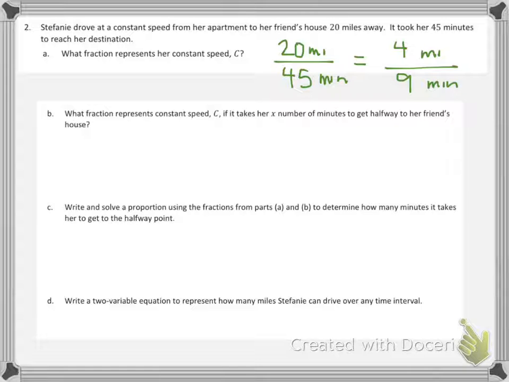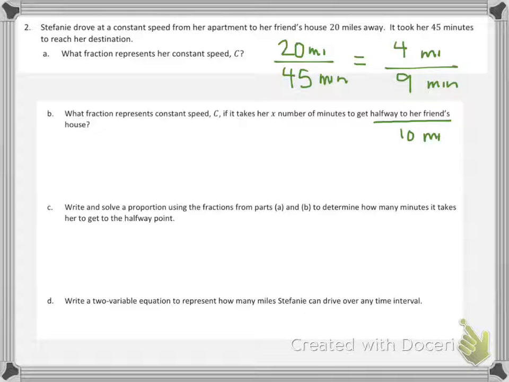Now we can write an equation to solve, a proportion to solve the question in part B. What fraction represents constant speed? If it takes her X number of minutes to get halfway to her friend's house. Well, halfway to her friend's house would be 10 miles. So I'm going to make myself a note. That's 10 miles.